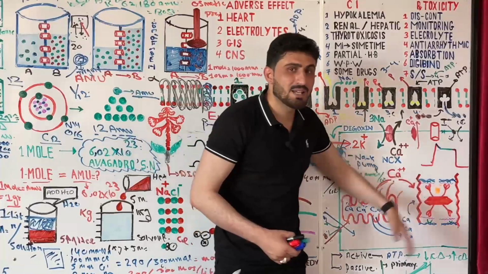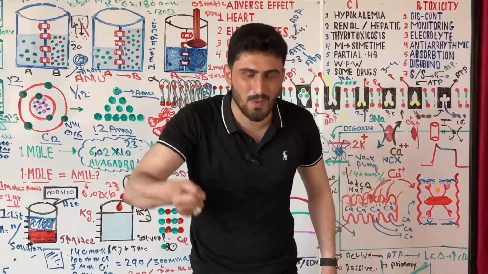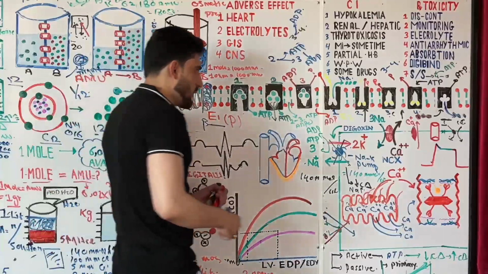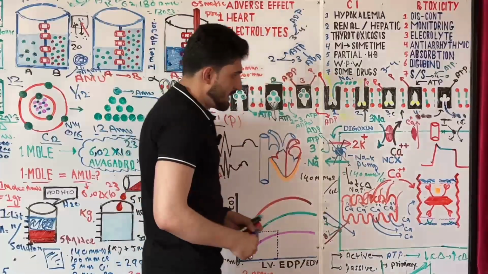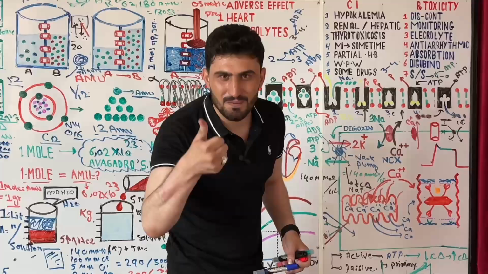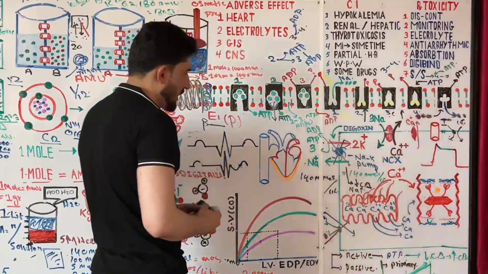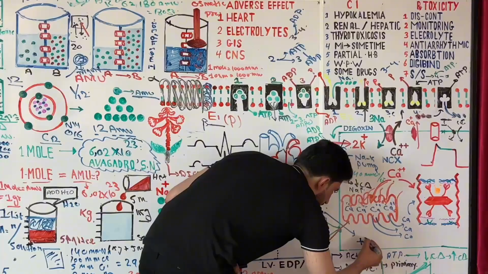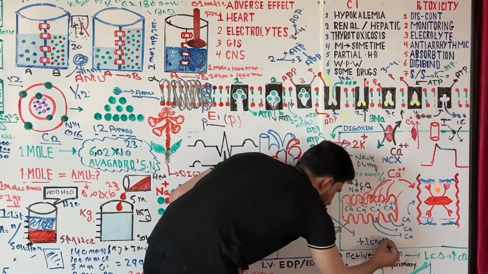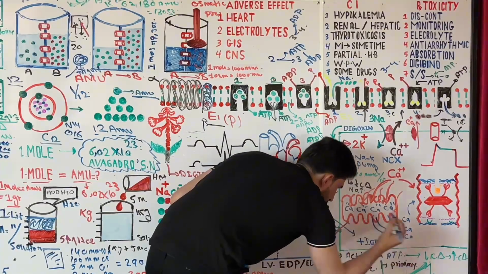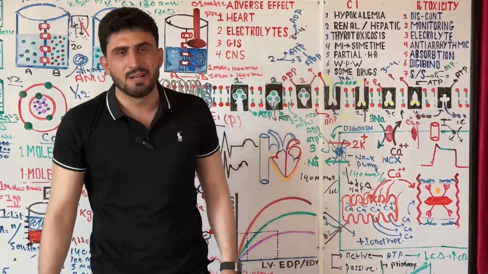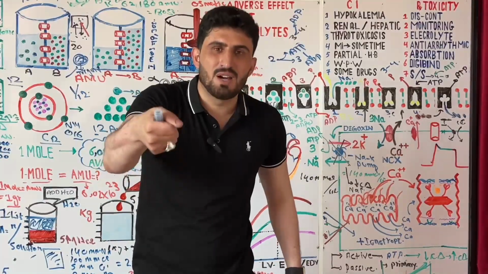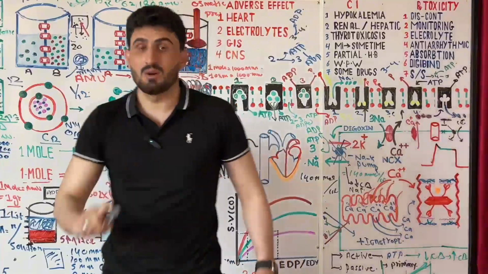More calcium causes more contraction of this cell, and that's why digoxin causes strong contractility of the muscles, and strong contractility is called positive inotropic action. So digoxin or digitoxin is a positive inotropic drug. That's one effect on the heart.